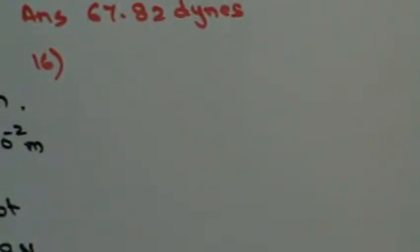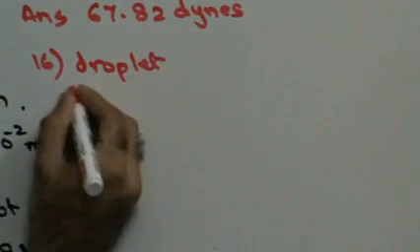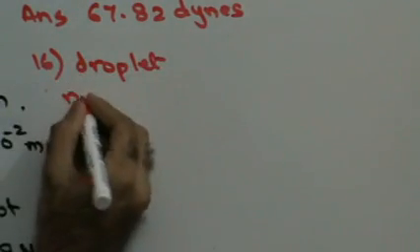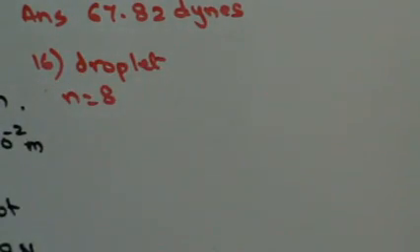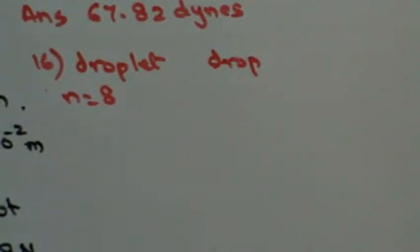8 droplets of mercury combine to form a single drop.